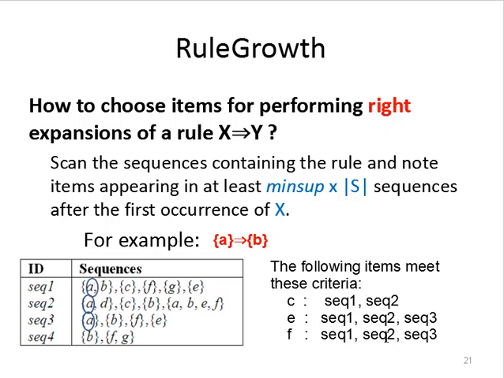F also appears 3 times, here, here, here after the first A. So that means now we can make the rules A followed by BC, A followed by BE, and A followed by BF. So that's how we choose the items to extend the rules, to do the right expansion.